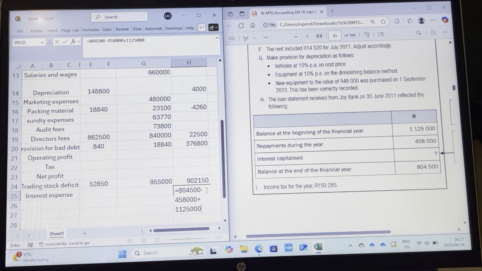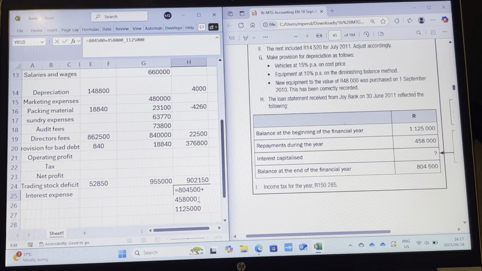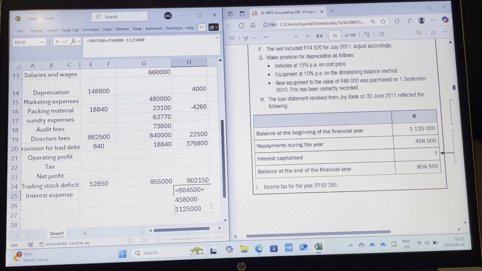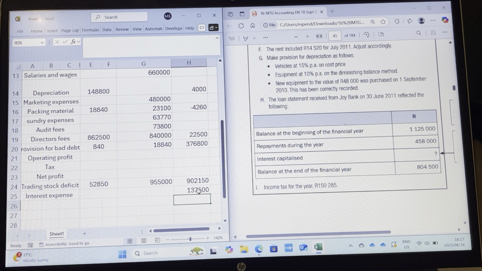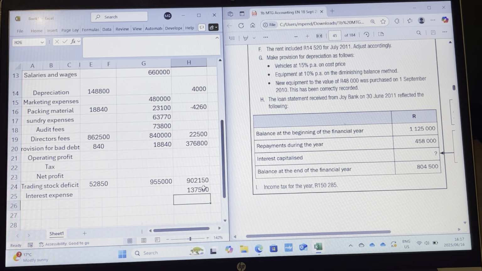Take a moment and think about it. If you think this is incorrect, then you are correct. It is actually supposed to be, change these signs, make this a plus, make that a minus. And we get 137,500. That means that is my interest.